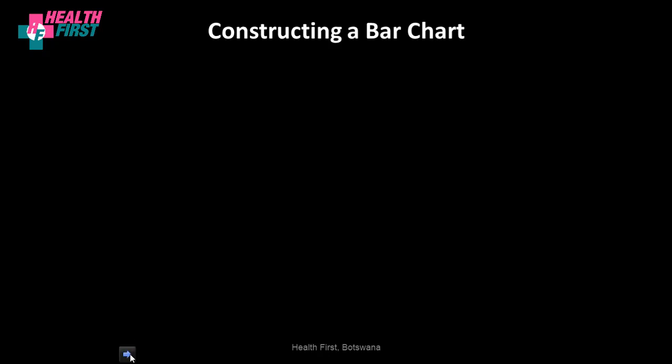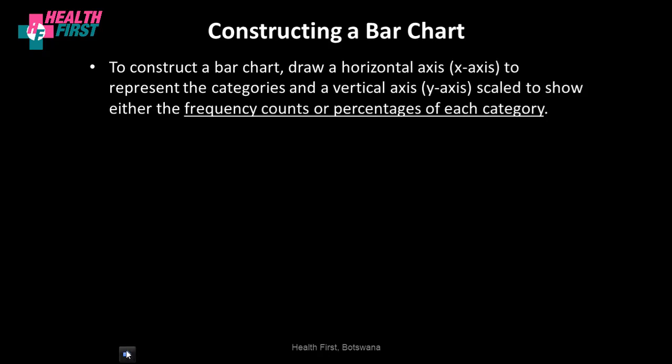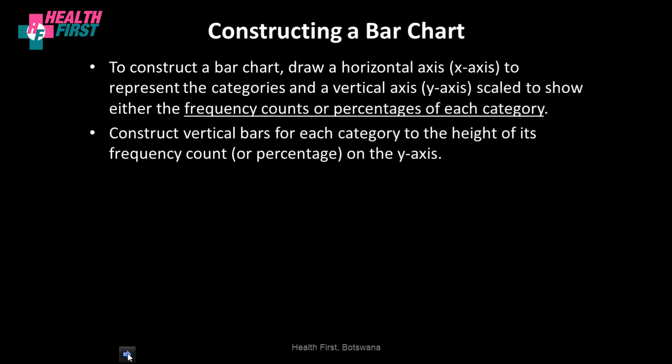In order to construct a bar chart, we draw a horizontal line, which is the x-axis, to represent the categories, and then a vertical y-axis to show the scale. The scale in this case would be in percentages or as frequencies, it doesn't matter. On the y-axis, we basically have the counts. You then construct vertical bars for each category of your variable.